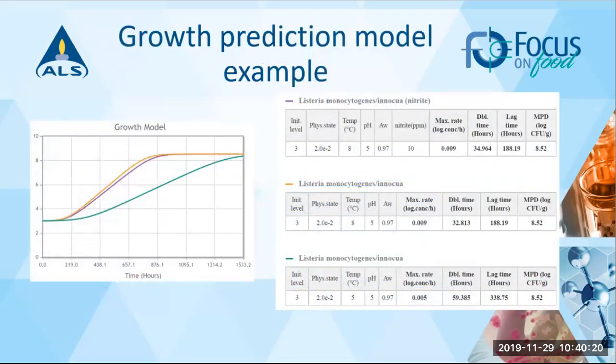So here's just a quick example of the sort of thing that you can get from some of these online growth models, and you can see the benefit that it may have, certainly in the initial stages of product development.